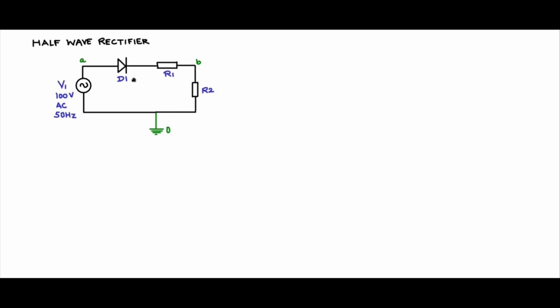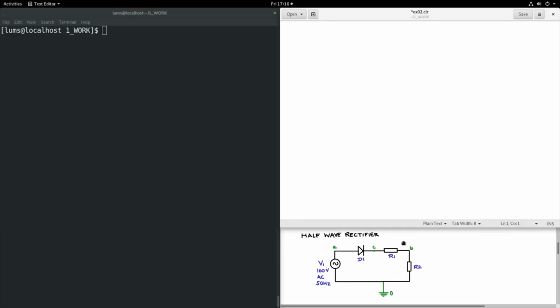How do we incorporate this diode and a model for the diode, and try to understand the process of refactoring the .cir file. Let us now build the circuit file for this half-wave rectifier circuit that we have drawn here.